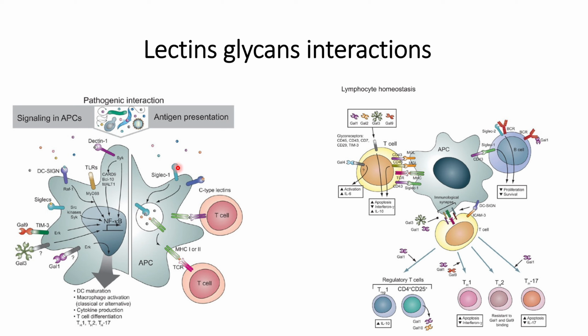There are Siglecs present within the host, and also other lectins such as galectin 3 and galectin 1. Siglec 1, Siglec 5, and Siglec 7 all have the capability to detect the receptors of the pathogens, and they usually detect them using the carbohydrate structures that are present on the pathogens.